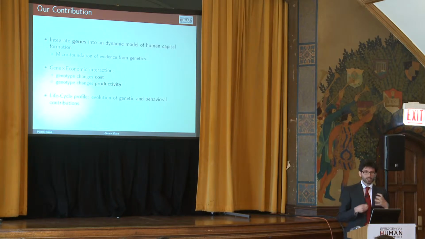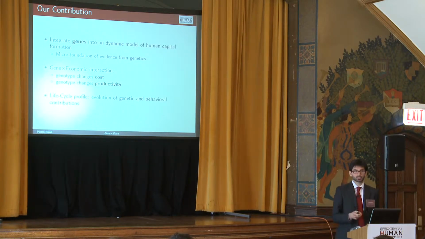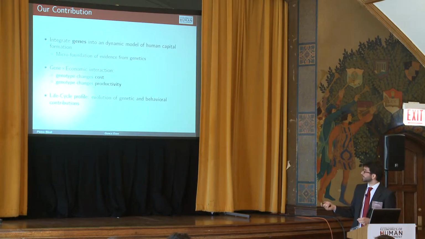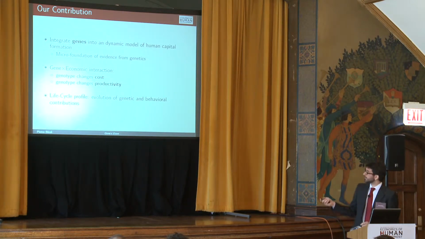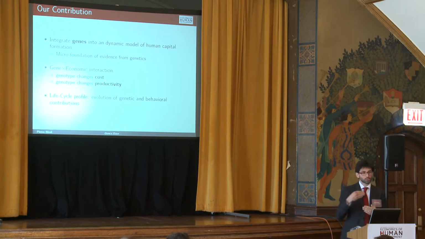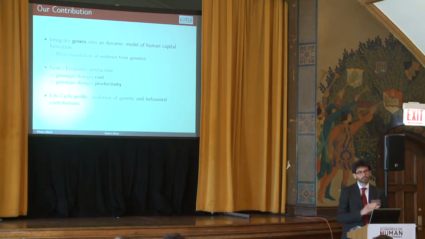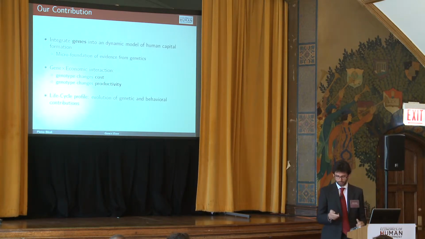The way that gene and environment can interact is going to be modeled in two particular ways. One is a change in the cost of investment, so different genotypes can change the cost of doing different types of investment. The other is that the genotype can change the biology of our body and change the productivity of different investments. And as I was saying, we're going to look at this in a life cycle profile.